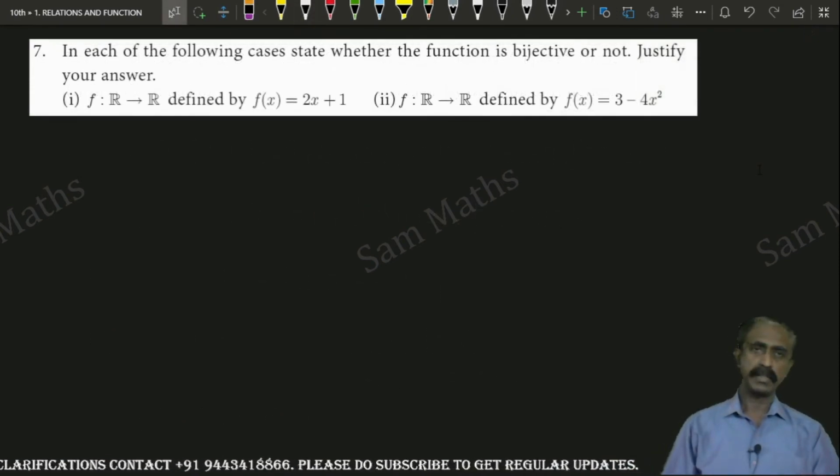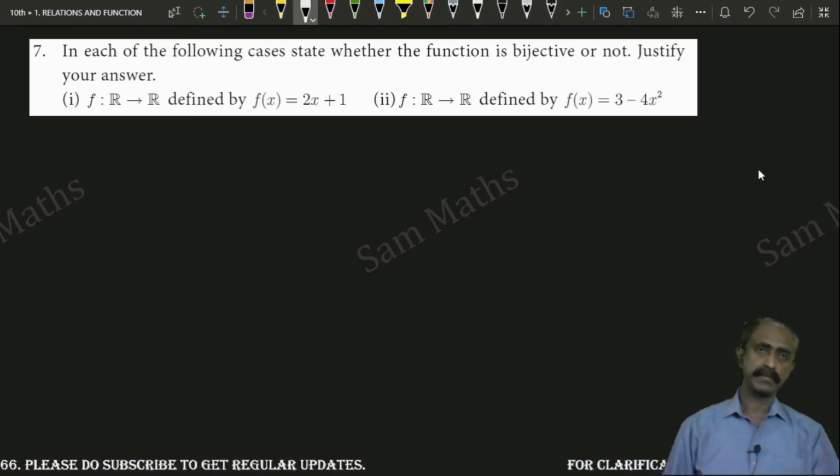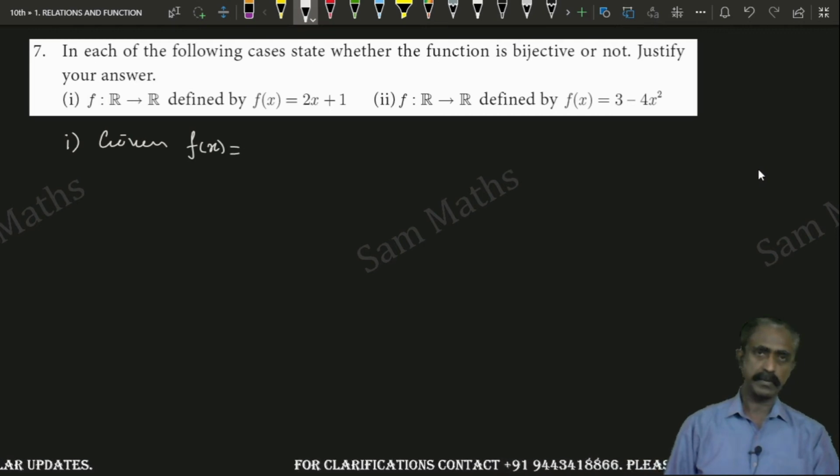Seventh question, in each of the following cases, state whether the function is bijective or not. Justify your answer. First problem, given f of x is equal to 2x plus 1.